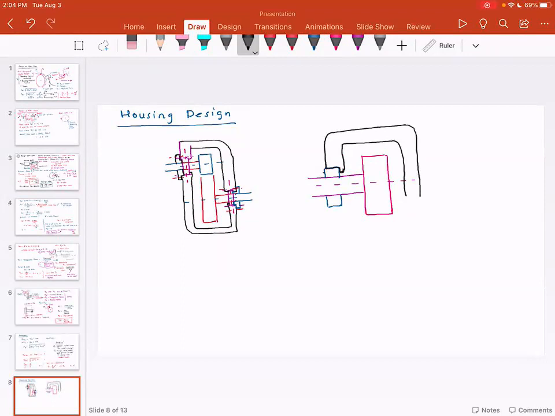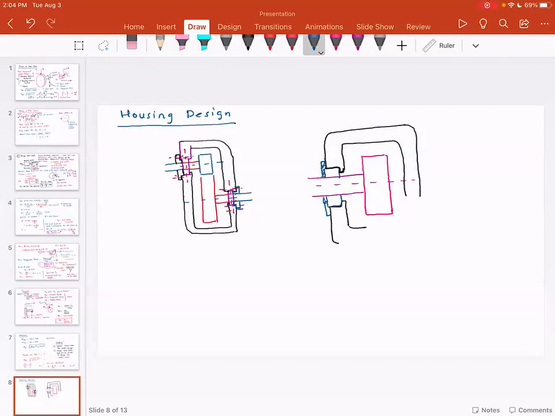There is a reason this particular shape is needed, because that way the bearing is supported on one side. Then you're going to have some sort of a seal here. I'm showing an exaggerated view.